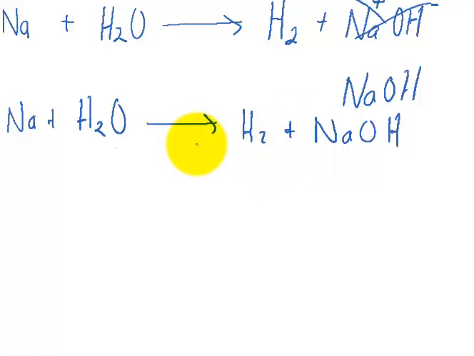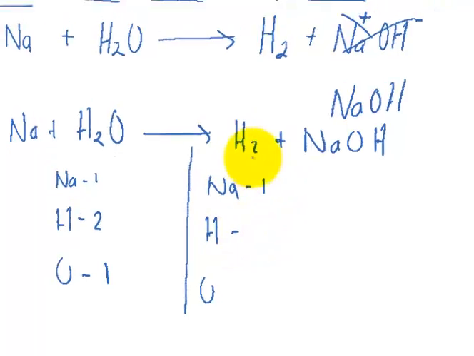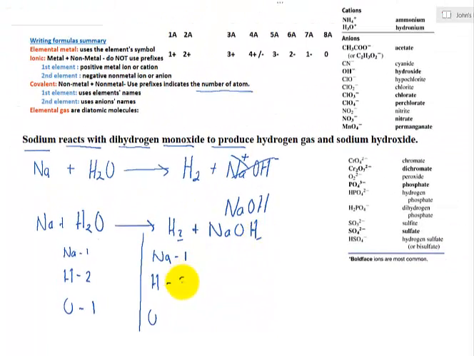The last thing we have to do is to make sure our chemical equation is balanced. So we have Na, H, O. Na is 1, H2O has 2 hydrogens, Na is 1, H2 right there, 1 right there, gives you a total of 3. And here we have oxygen, just 1.